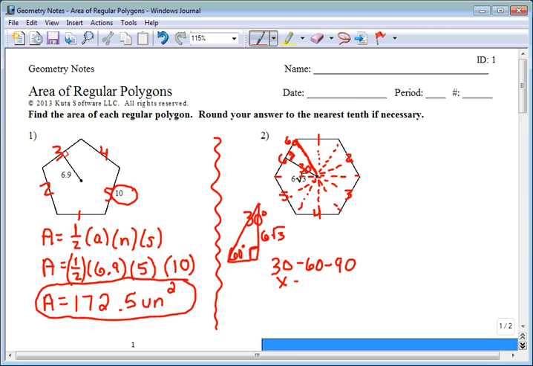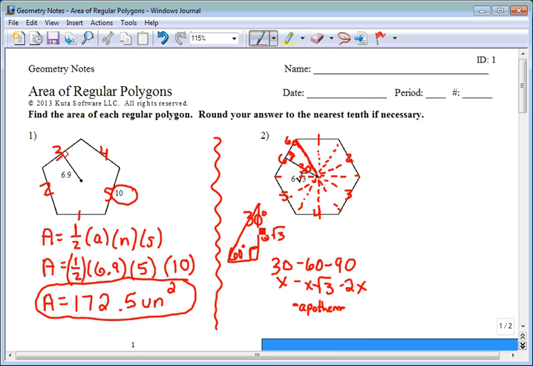I know my format for 30, 60, 90 is x, x radical 3, 2x. Okay, let's take a look at this diagram. So across from my 60-degree angle, that's where my apothem is. So I'm going to go ahead and label that here. So I know that that number is always going to be my apothem.